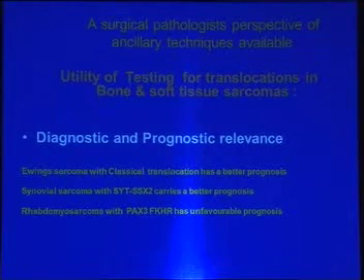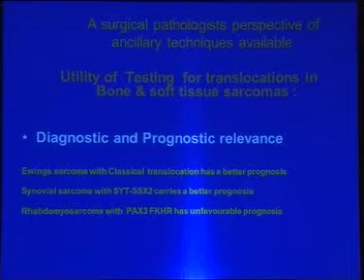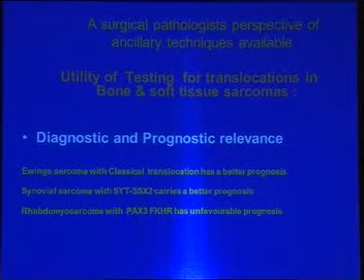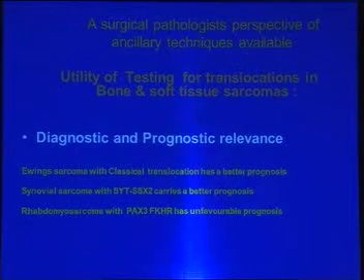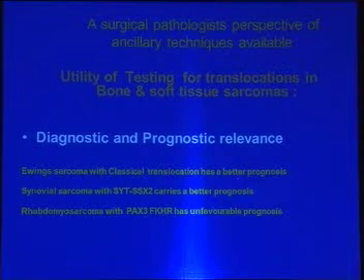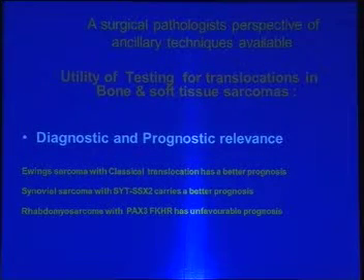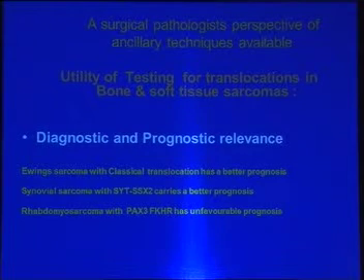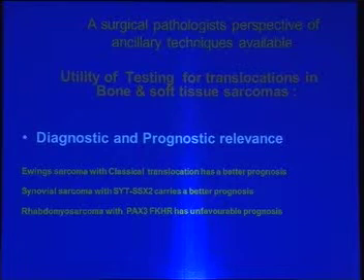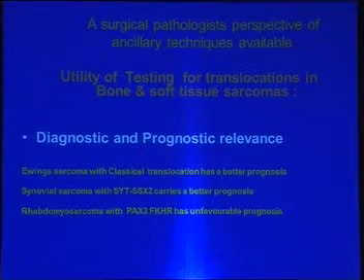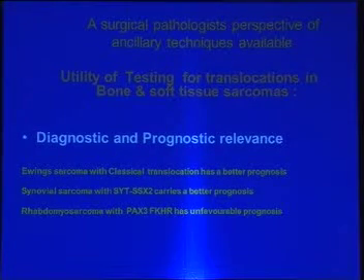And molecular techniques are not only used for diagnosis, they can also be used for prognosis. For example, Ewing sarcomas with the classical translocation, that is t(11;22), do much better than Ewing sarcomas which have the aberrant translocations, and there's a whole list of Ewings wherein you don't have the classical. So you may give the correct treatment for Ewings but the patient has not responded.